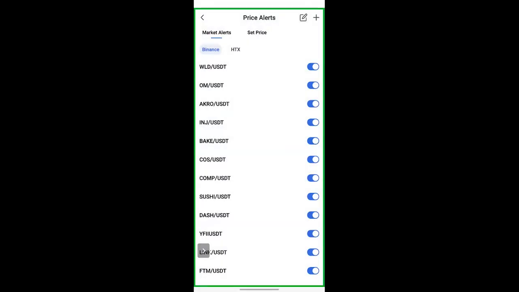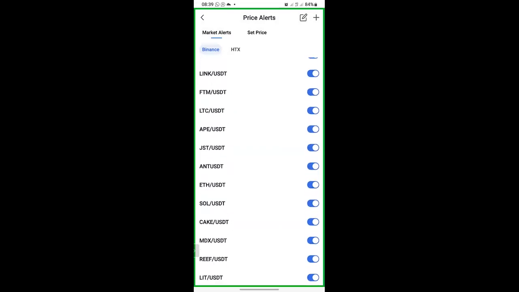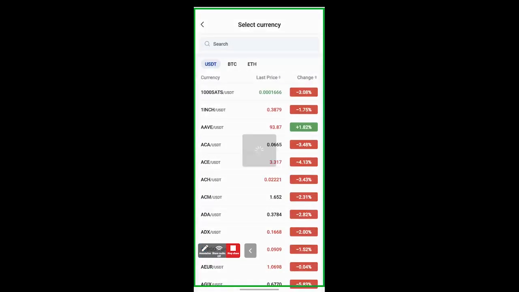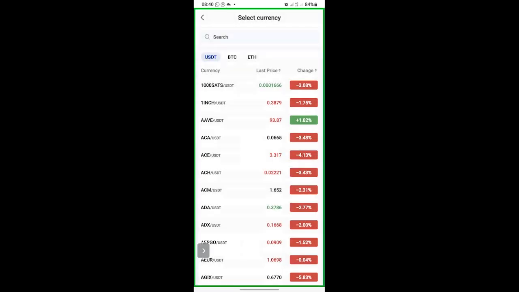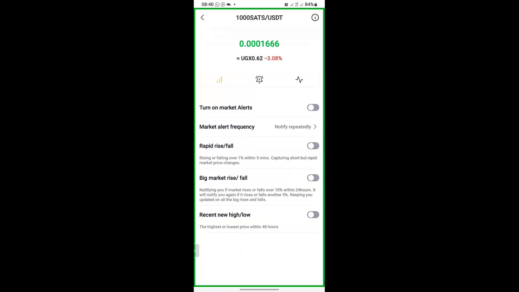When you click on price alert, you have to choose the currencies you want to always monitor on the market. How do you add them? Simply click here. Then you search for the coin you want to add. So let me add 1000 sats. When I click on 1000 sats, you turn on the market alert.